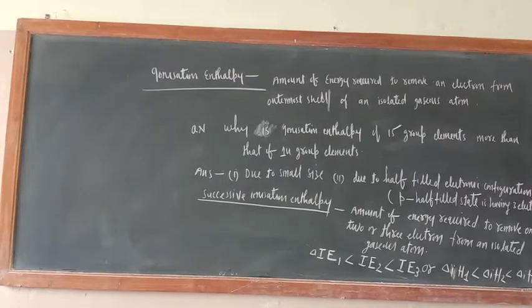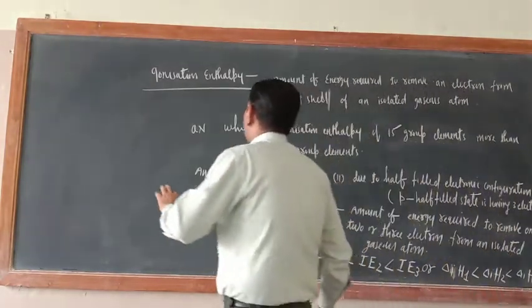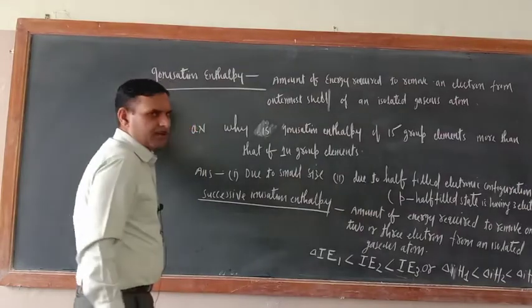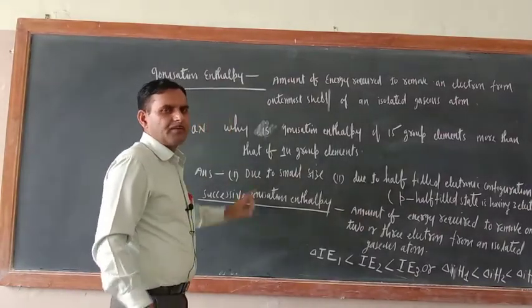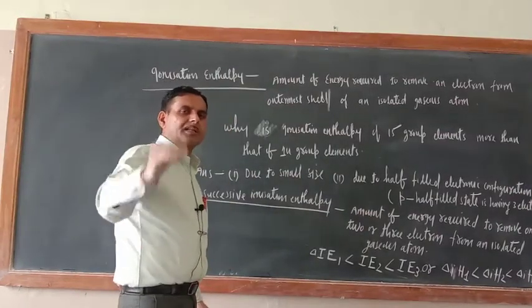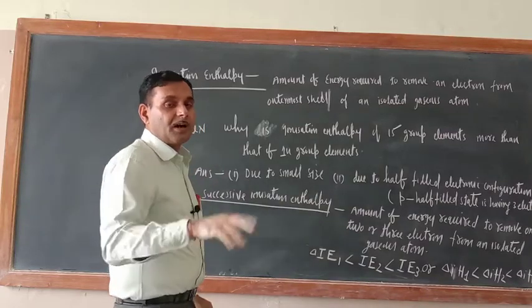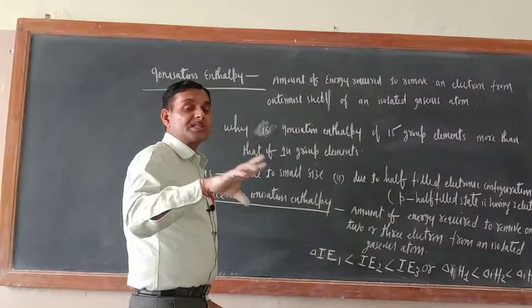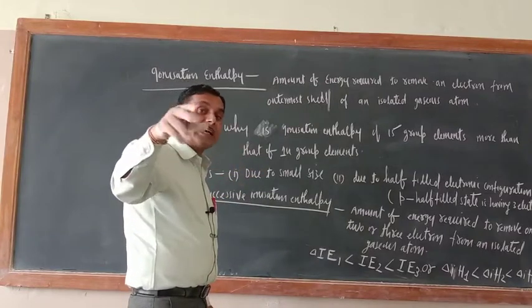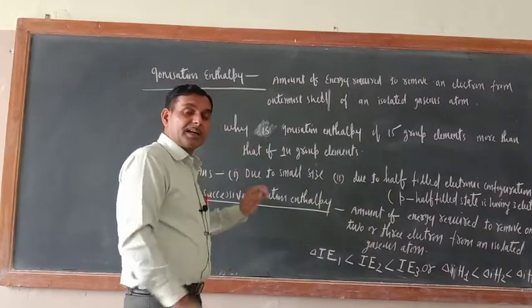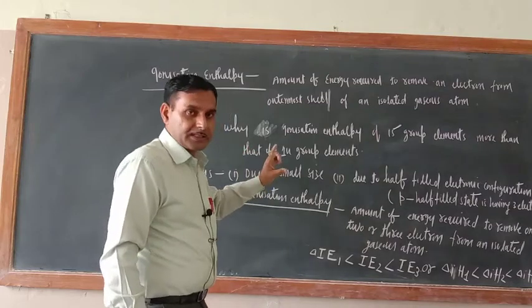So dear cadets, let us move to the next property of the 15th group, that is ionization enthalpy. And you know the definition of ionization enthalpy? Remember, the amount of energy required to remove an electron from the outermost cell of an isolated gaseous atom. Remember, each and every word is important.